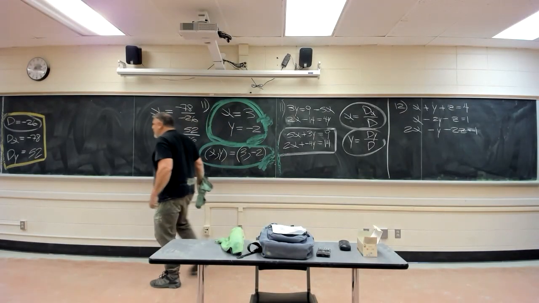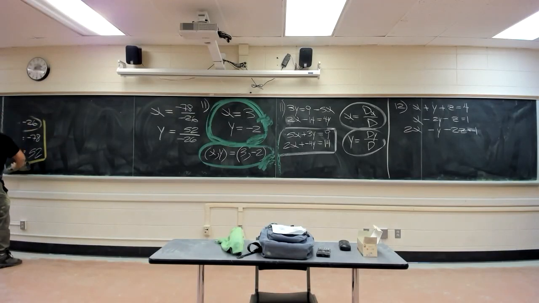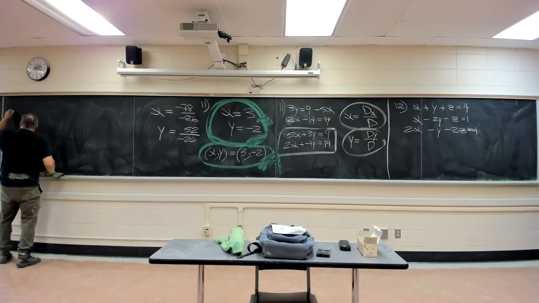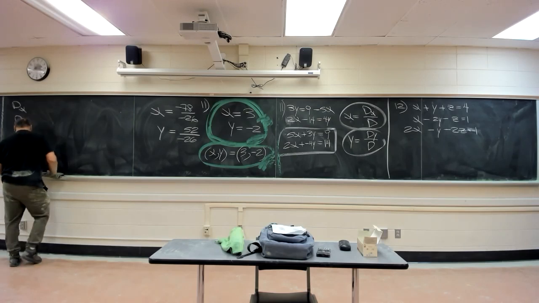It's the way it plays, let's kind of look at it. There's a d sub x again, there's a d sub y again, but now you've got to have a d sub z. And then you've got to have a big D right here.